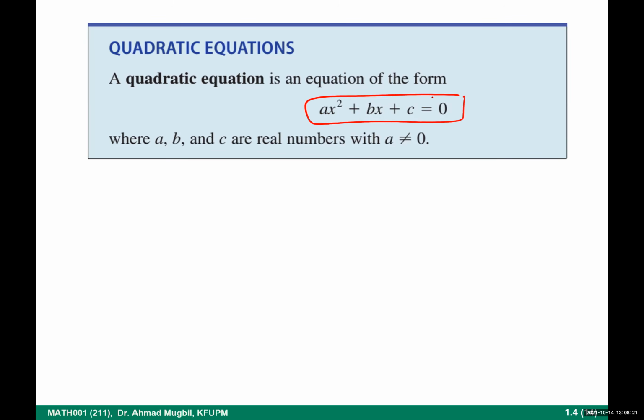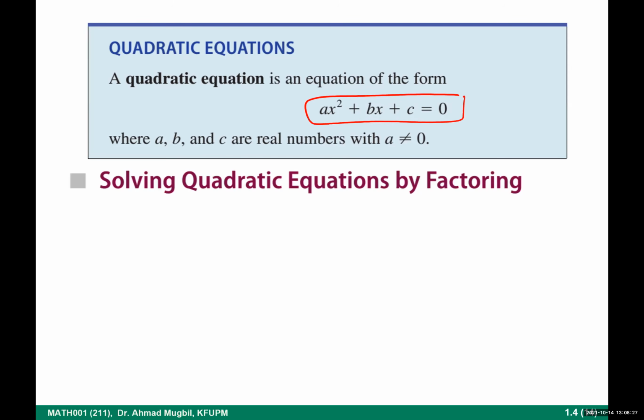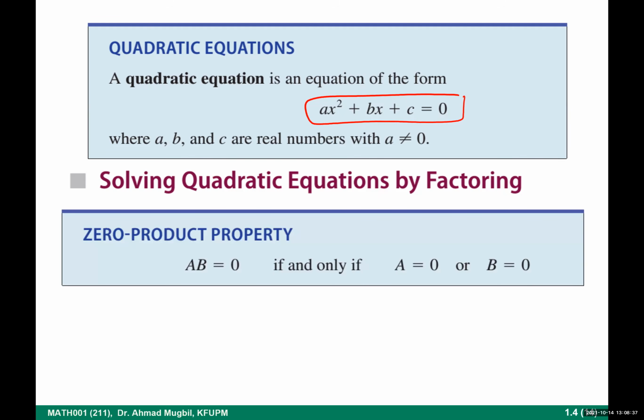Now, how to solve it? To be able to solve the quadratic equation, the first method that you should always think about is factoring. If you can solve by factoring, this will be so nice. Before solving by factoring, you need to be aware of the zero product property, or the zero factor property. What does this property say?